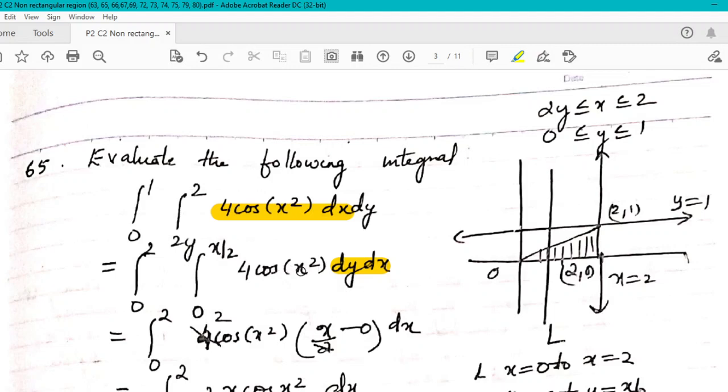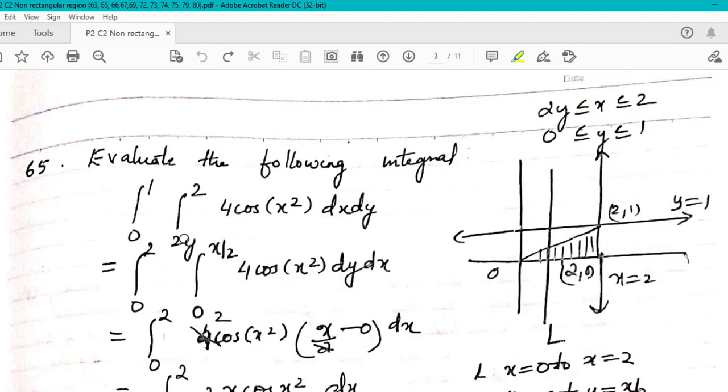We can take that outside and integrate it in a much easier way. So now we can think of changing the order of integration. To change the order of integration, first we have to know the region properly.